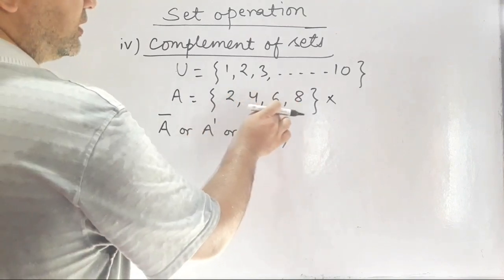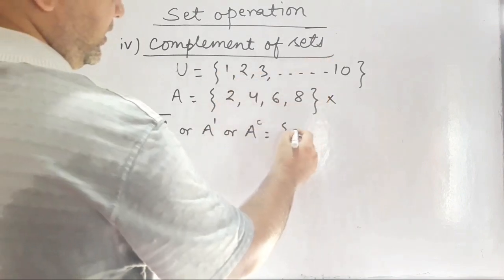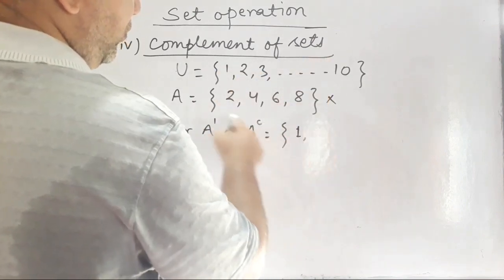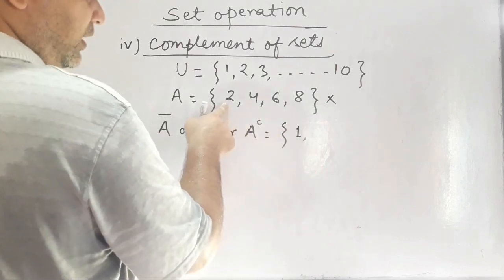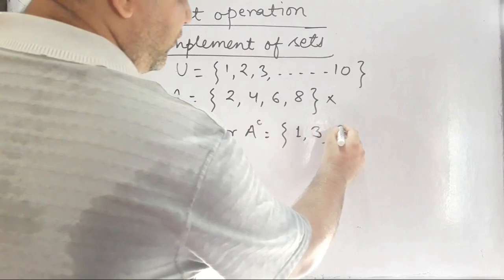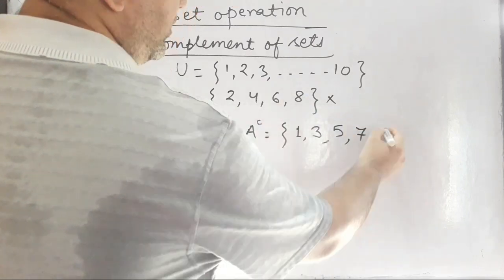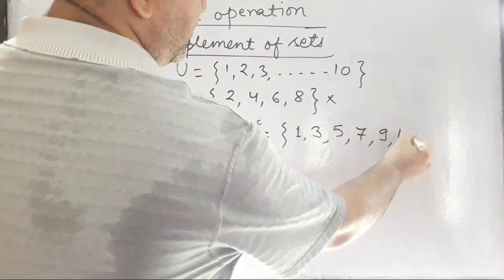Except 2, 4, 6, 8, all the elements should be listed from the universal set. That means 1. We cannot take 2 since 2 is contained in A. 3. We cannot take 4. 5. We cannot take 6. 7, 9 and 10.